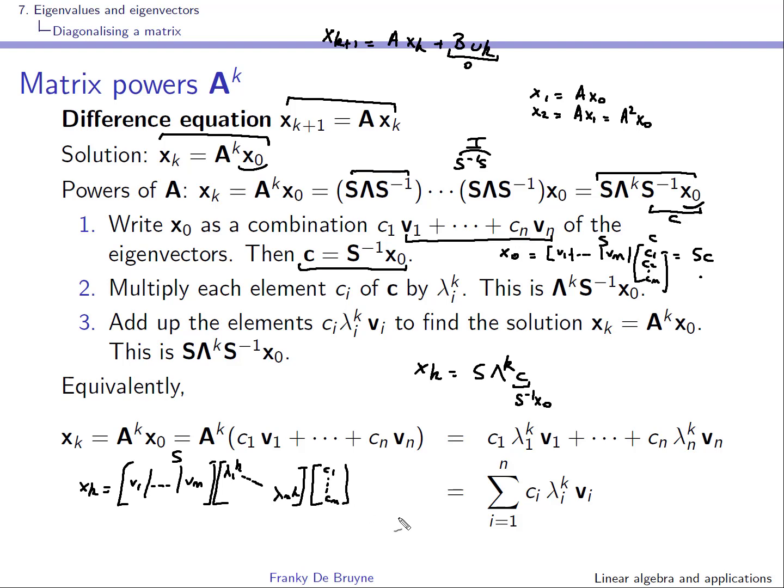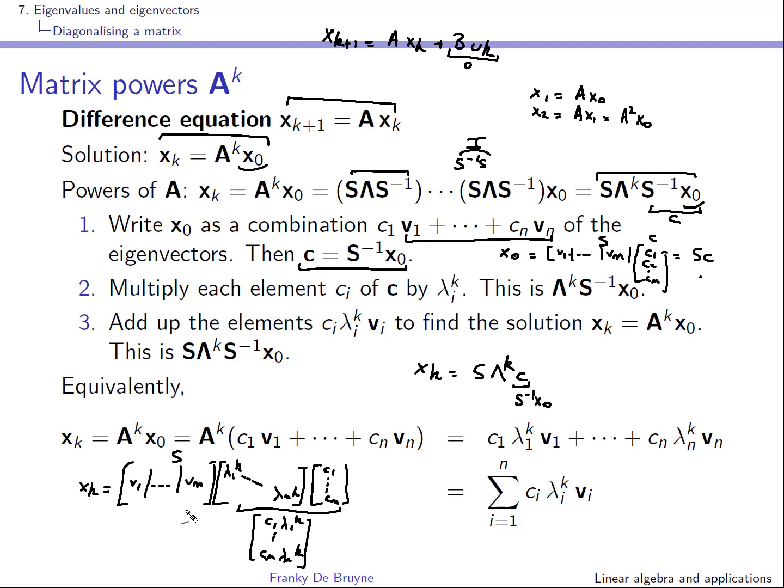Okay, so this is how it looks like. Well, this one here is a linear combination of the columns, and this thing here will be c1 lambda 1 to the k in a vector up to cn lambda n to the k.